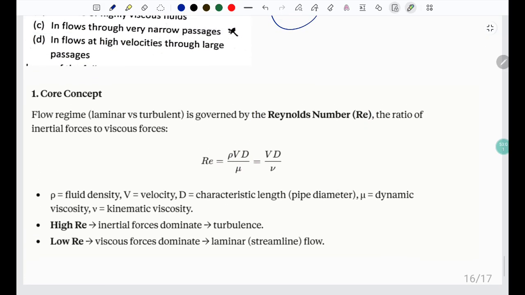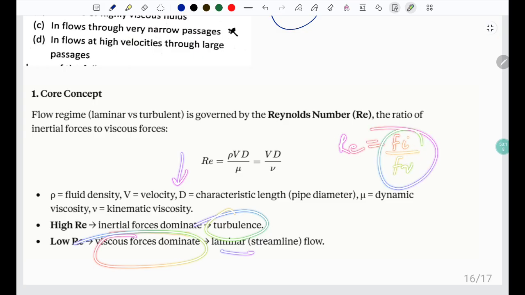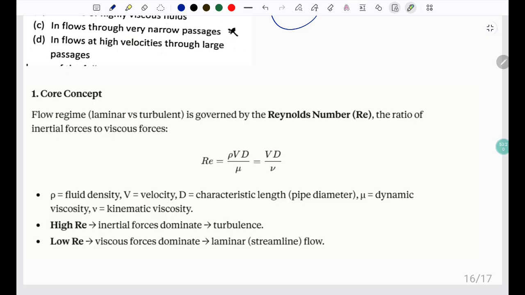If you have a high Re, inertial forces will dominate and the flow is turbulent, and if it is lower Re, then viscous forces will dominate, hence laminar. We know that Reynolds number is given by inertial force over viscous force. So when the viscous force dominates, Reynolds number decreases and the flow tends towards laminar, and when the opposite happens, the flow goes to turbulent.